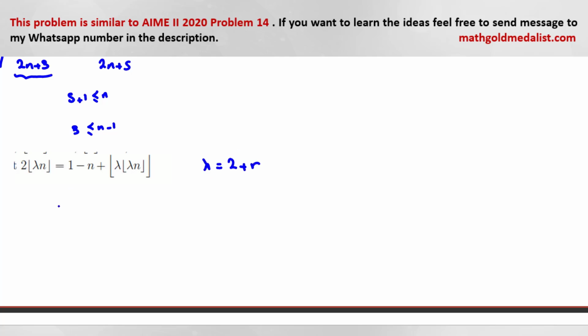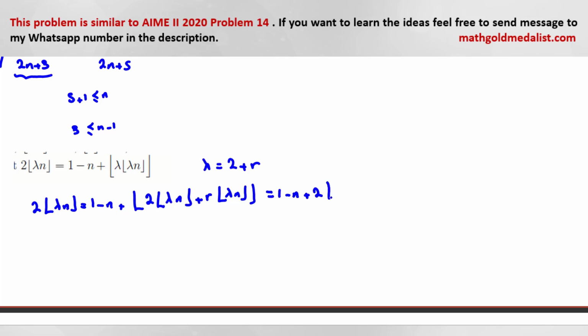Okay, so here, for example, we can say 2 times floor of this is 1 minus n plus 2 times lambda n plus r times lambda n, right? Do you agree it is equal to 1 minus n plus 2 times lambda n plus floor of r times lambda n? Agree with this?